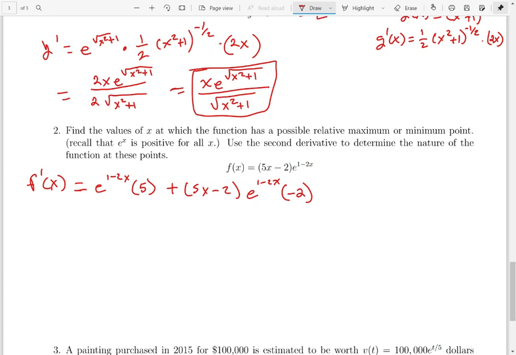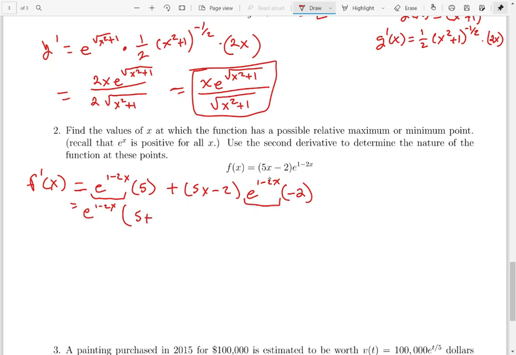Well, then let's simplify all this, and then we're going to set it equal to 0 to see which things occur. And so recognize what I did earlier. I factored out that entire e function, and I'm going to do that again. So that's going to be e to the 1 minus 2x times 5 plus negative 2.